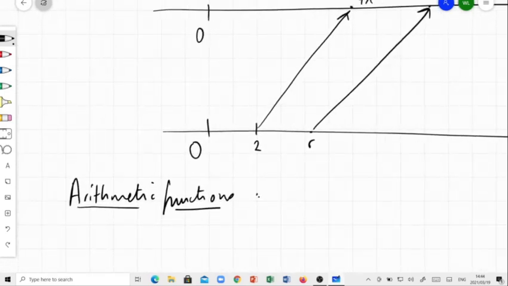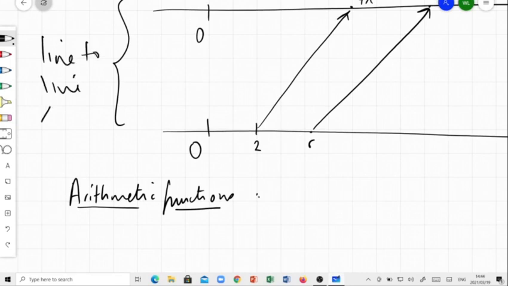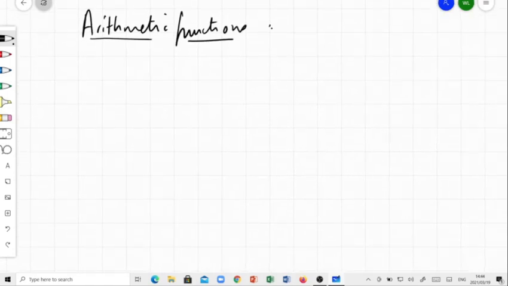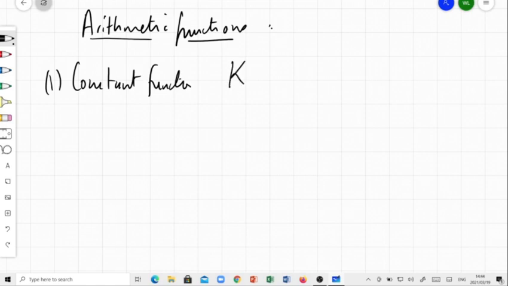This is why it is called a line-to-line function, because it takes real numbers on the real number line to another image real number on the image real line, okay? So let's deal with arithmetic functions. The first type of arithmetic function that you're going to deal with is what's called the constant function, okay? So this is the constant function.